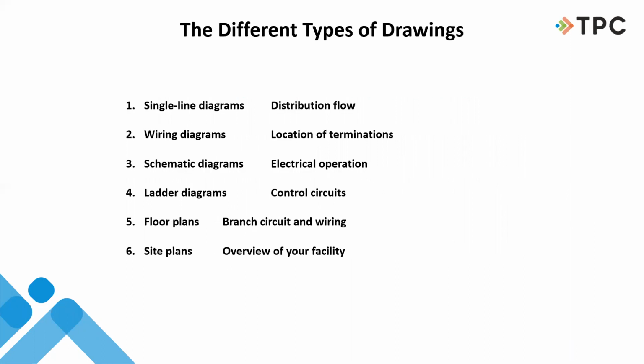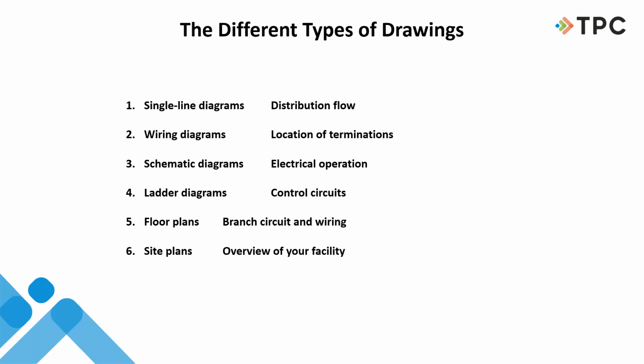We talked about different types of drawings. Single line diagrams usually show our distribution, and we call them single line because we know that there are 3 phases, but instead of having to draw a whole bunch of lines on a paper and confuse people, we do what we call a single line drawing, and everybody knows that there are 3 phases that we're working with.